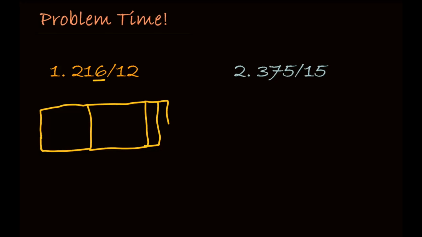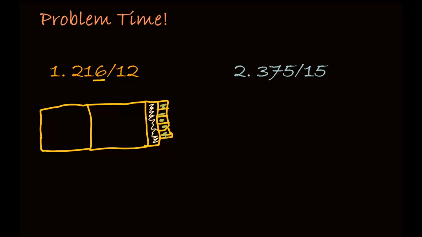So we can do 1, 2, 3, 4, 5, and 6. There's our 6. I'm going to shade these in different colors so we know that they're different. And then I'm going to do this one white. There we go.